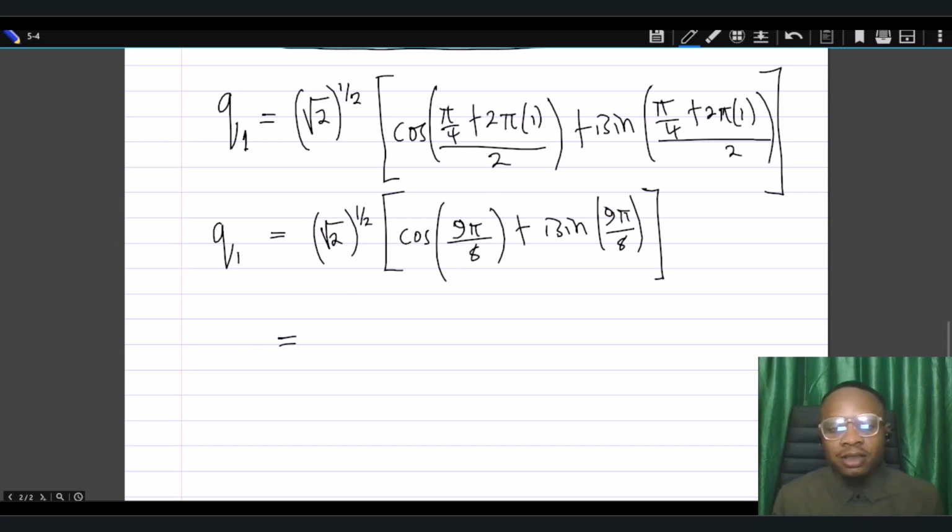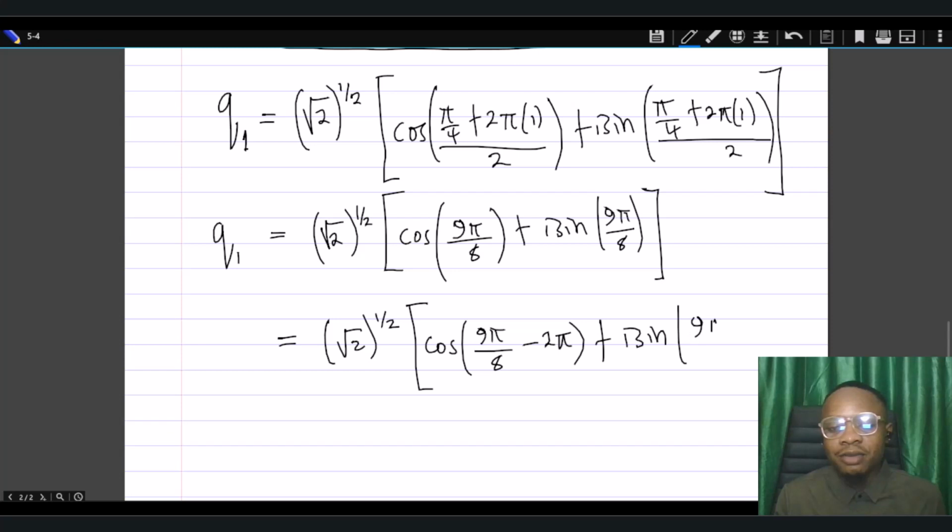So we can say this is equal to root 2 to the power of 1 over 2, then we have the cosine of 9 pi over 8 minus 2 pi, then plus i sine, we do the same thing here, of 9 pi over 8 minus 2 pi. So why am I doing minus 2 pi?